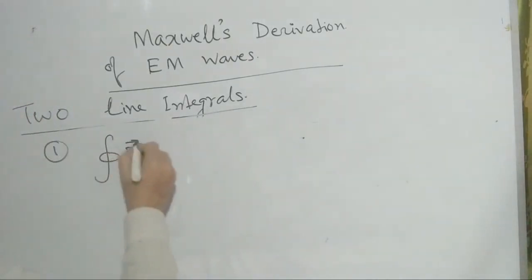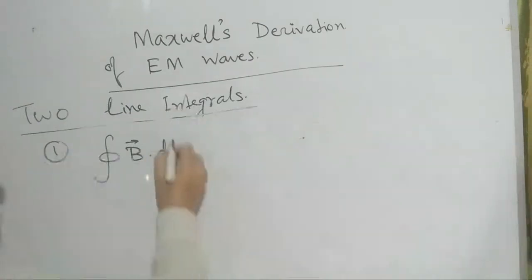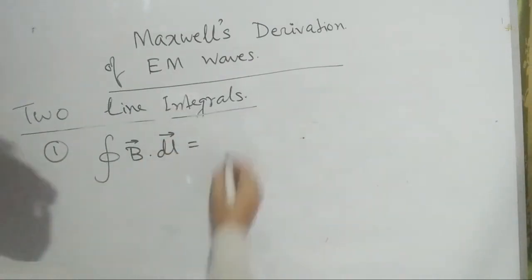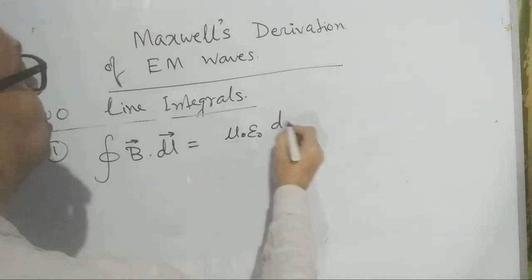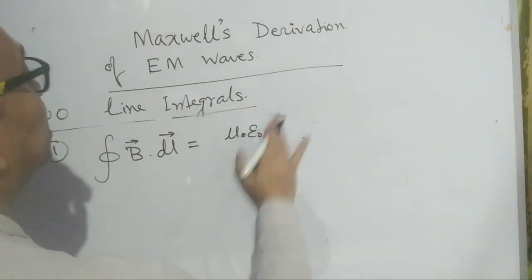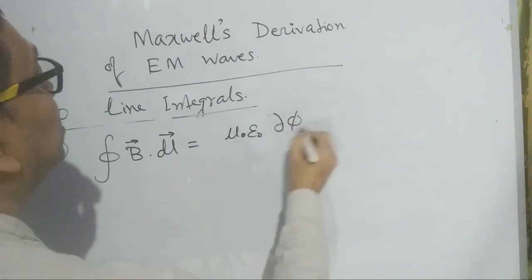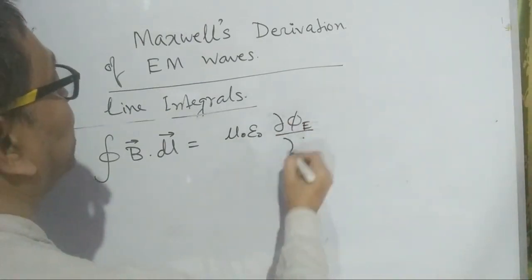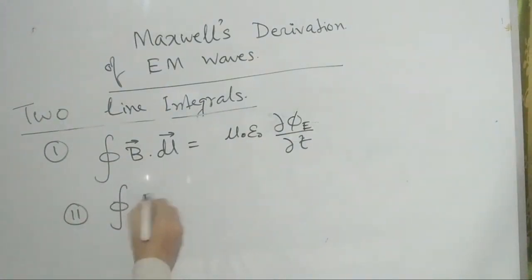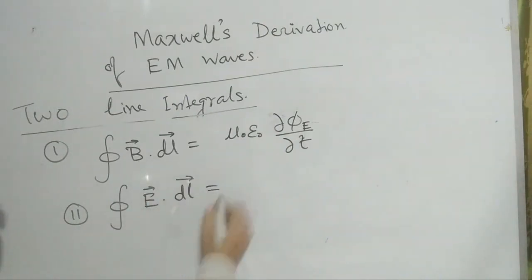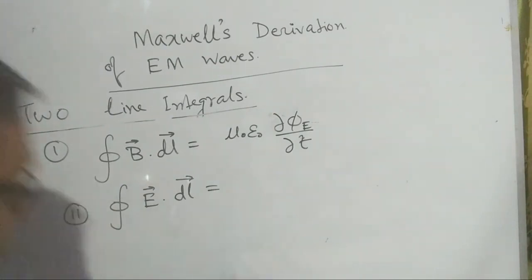Ampere's circuital law: B dot dl is equal to mu naught into the displacement current, so let us write this as del phi e by dt. So this is one, and the second most important is E dot dl, which gives EMF.